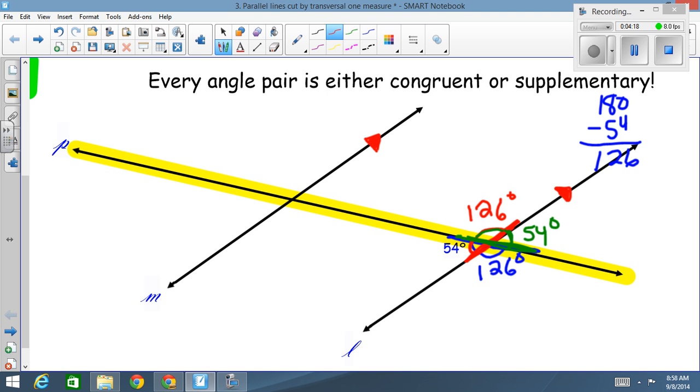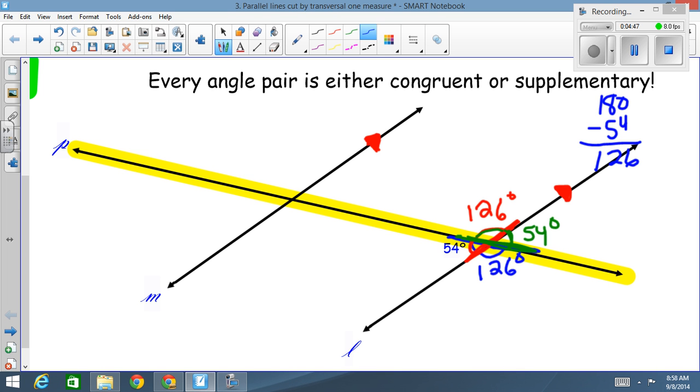Taking this a step further, the fact that these two lines are parallel, with these triangles we have here, we're told that lines M and L are parallel. What that means is when you look at your alternate interior angles or your alternate exterior angles, then you're going to have congruence.